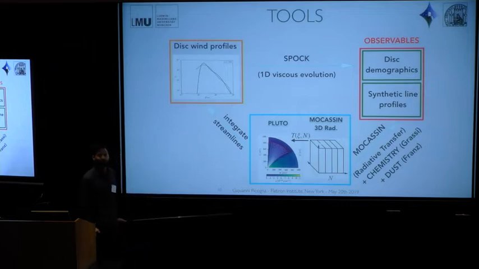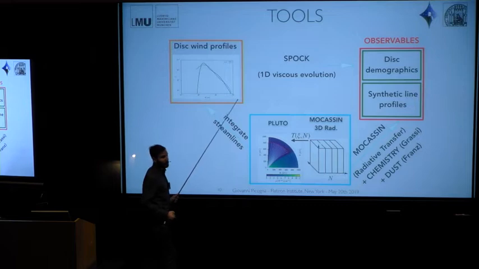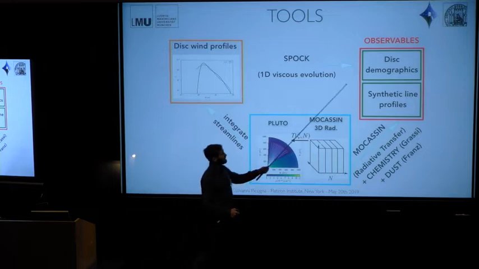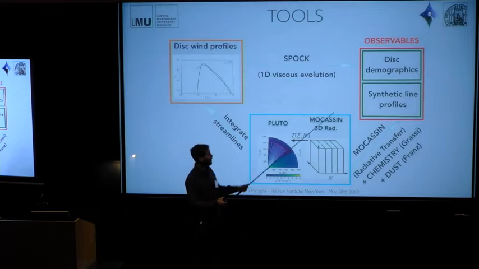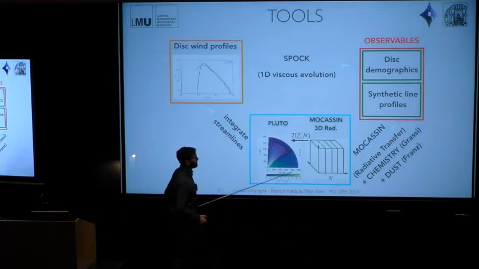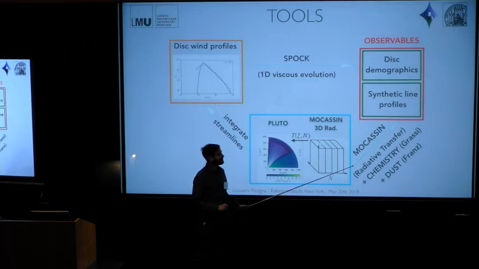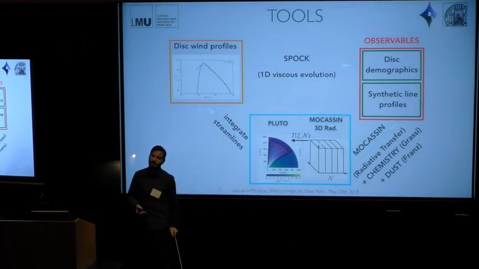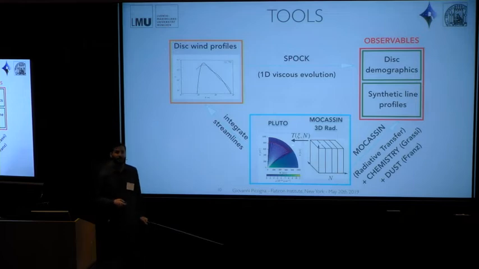Then we can apply this to a 1D viscous evolution code and come up with demographics that we can compare with the plot I've shown you before, or we can post-process these results, again with the radiative transfer code, to obtain synthetic line profiles that we can quantitatively compare with the line observations.